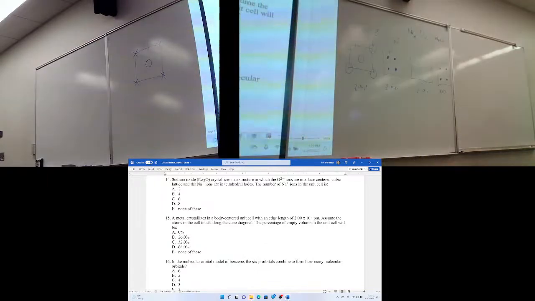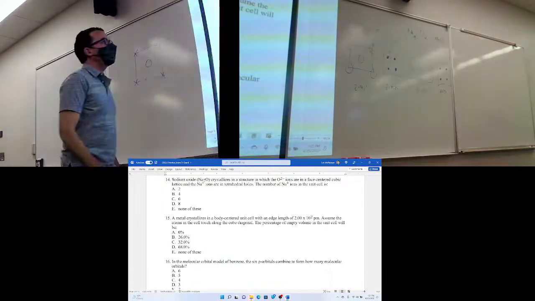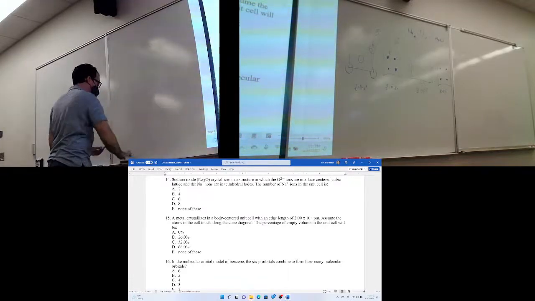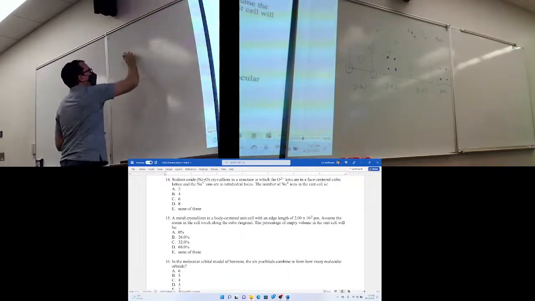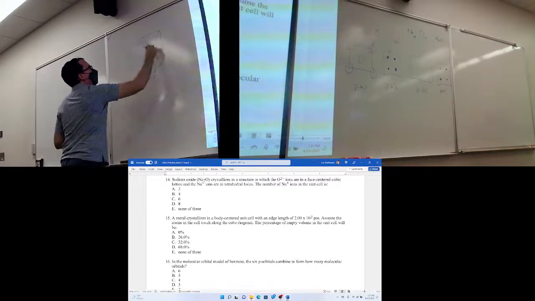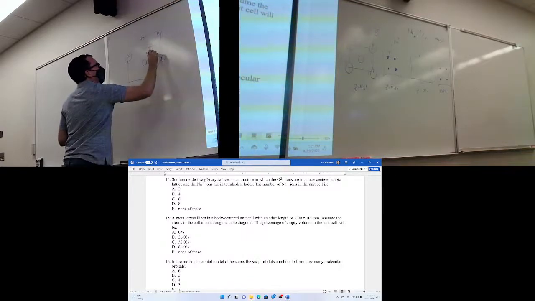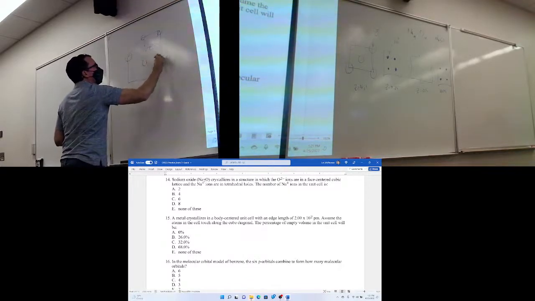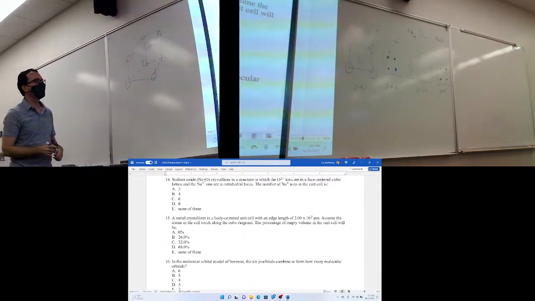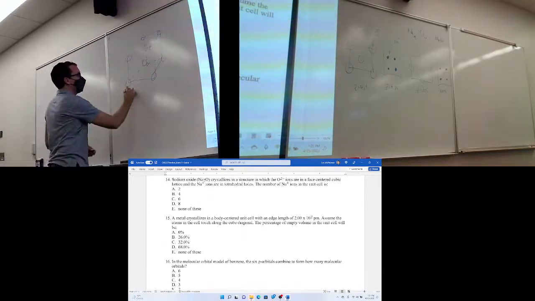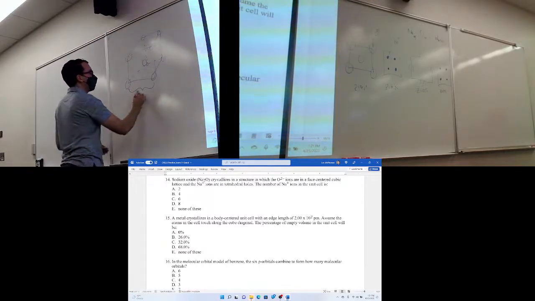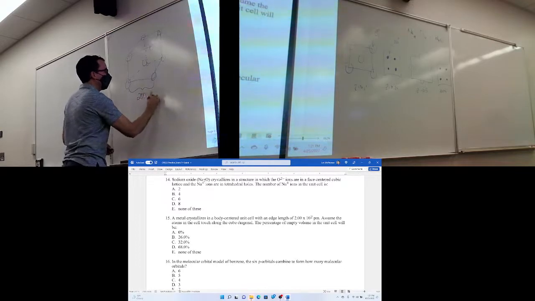A metal is in a BCC cell, the edge length. All right, so let's draw what we're showing here. Body-centered cubic, you've got one in the center, you've got the corners. And the side. One side is 2.00 times 10 to the 2, so that's 200 picometers.